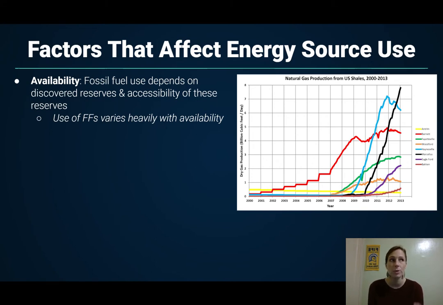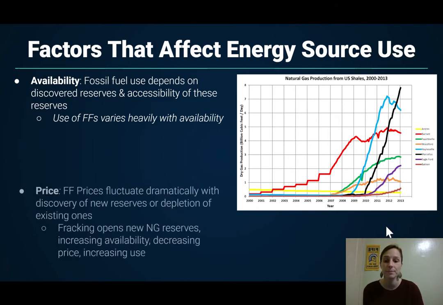And fracking, which we will talk about more this unit, is a way that you're able to get natural gas that is stuck in geologic rock layers. As you see the production, once fracking became an option, that definitely increased production there.